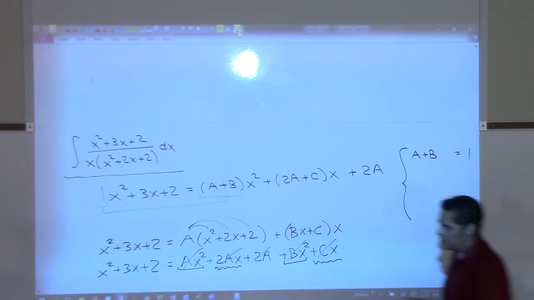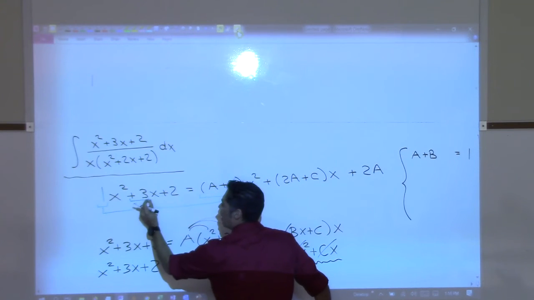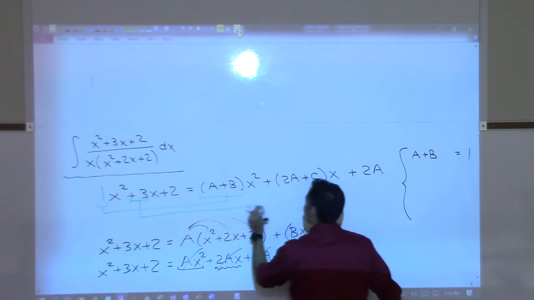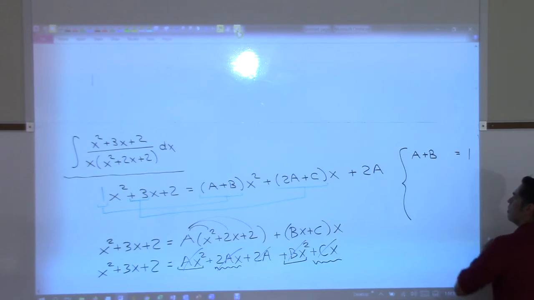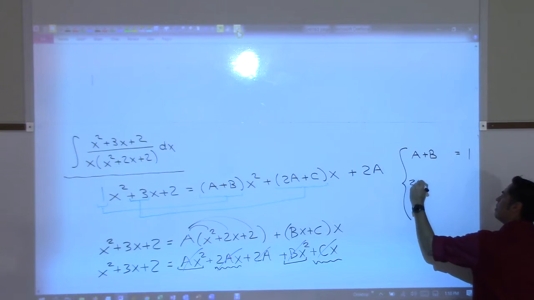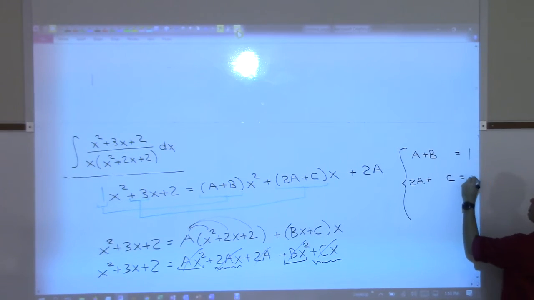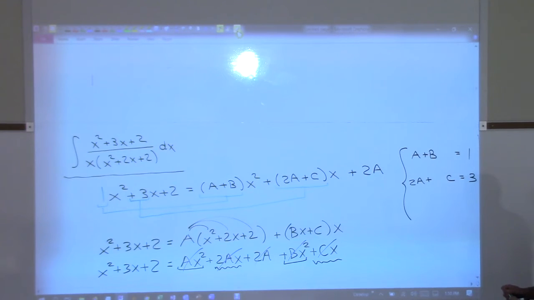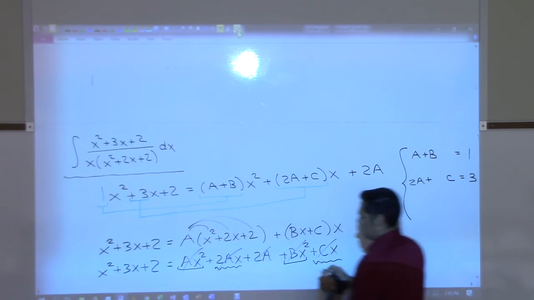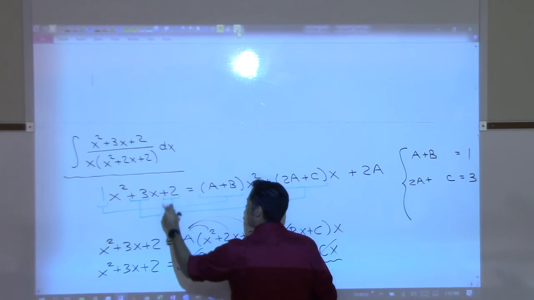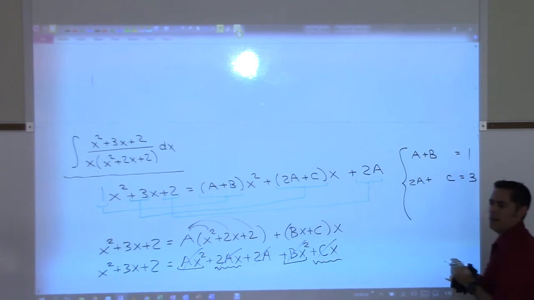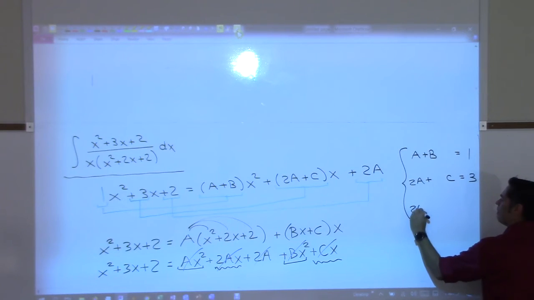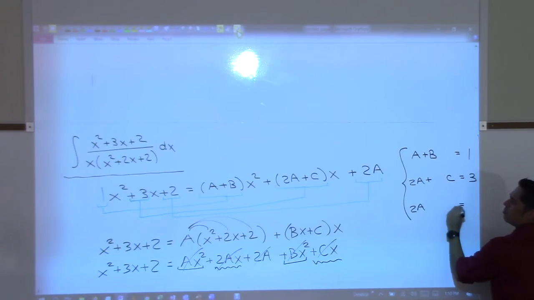The next thing that has to match up is that positive 3 has to be equal to the coefficient in front of x over here, which is 2a plus c. So I'm going to write 2a plus c equals 3. And then finally, this constant 2 has to be equal to my constant term here, which is just 2a, right? So 2a equals 2.